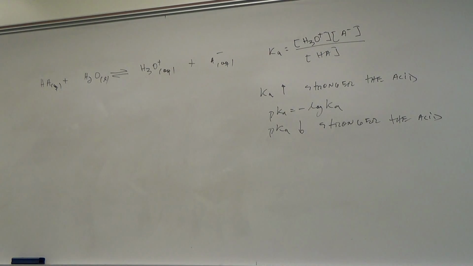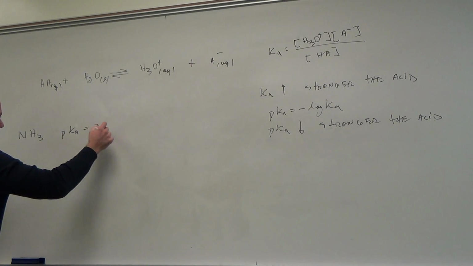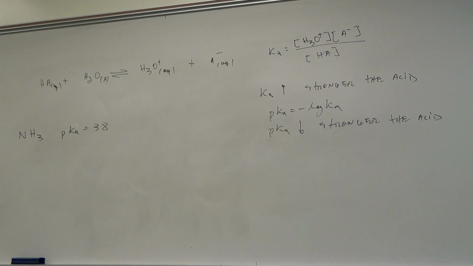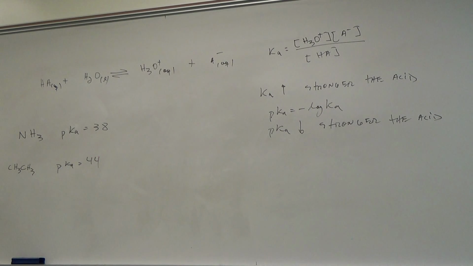Okay, so by looking at the pKa of an acid, you kind of know whether it is very strong or weak or whatever it is. Now, if I have, let's say, the pKa of that is 38, and the pKa of this is around 44, which one is a stronger acid?